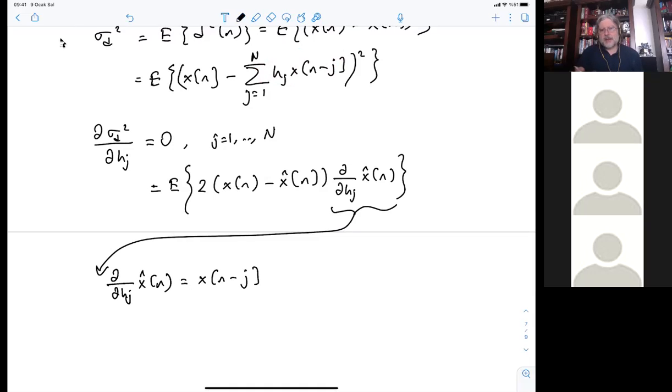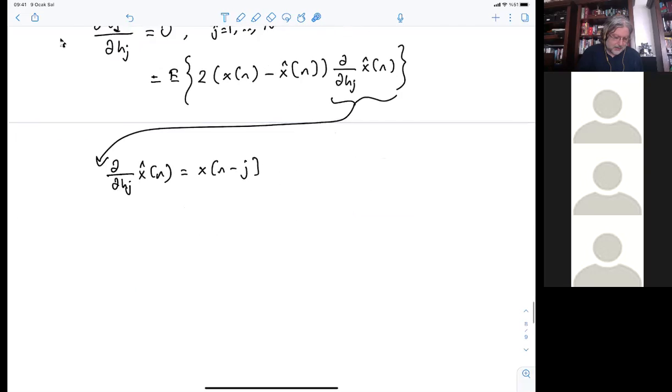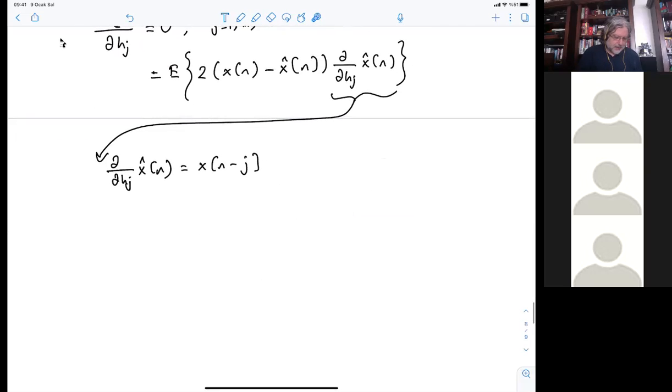Okay. So in the chain rule, outside these parentheses, we have here actually xn minus j instead of this. And inside, we still have this expression. So let's write it in that way.